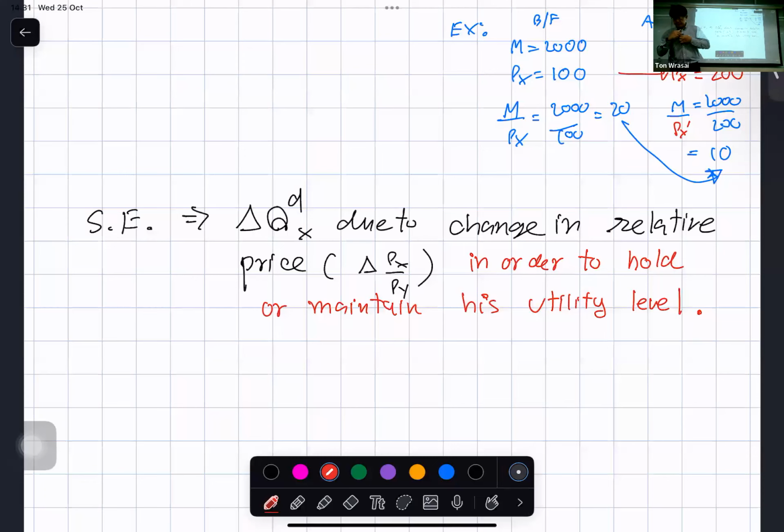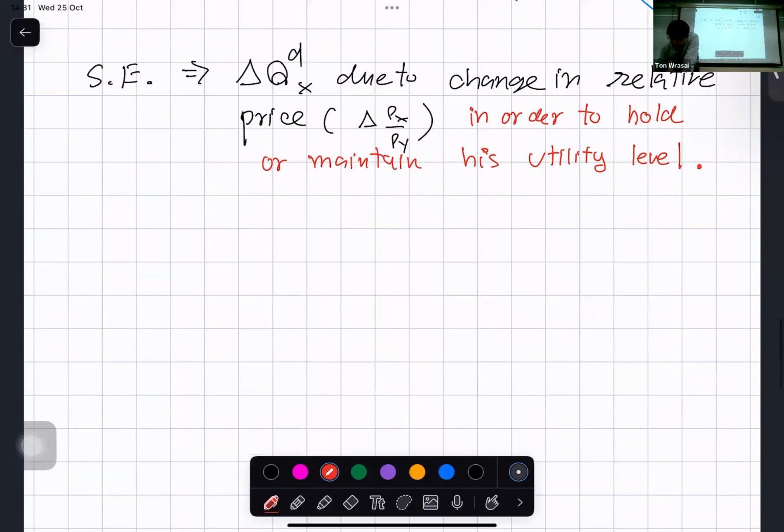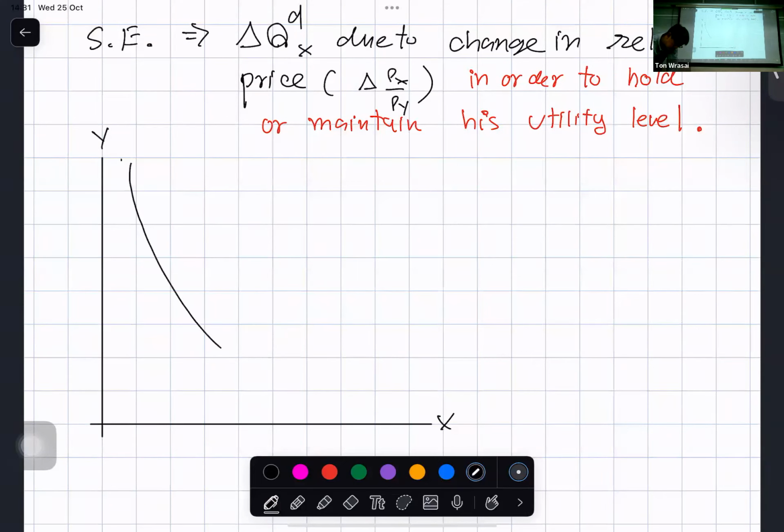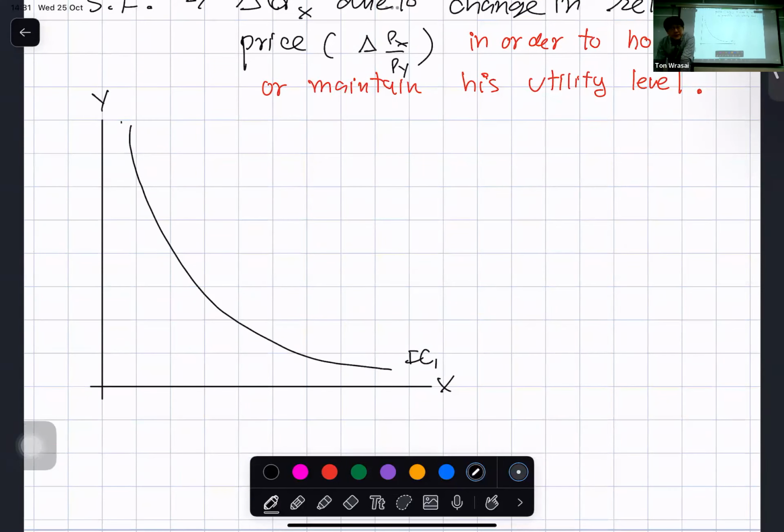Let's see. We always work on convex IC. This picture will explain what is substitution effect.